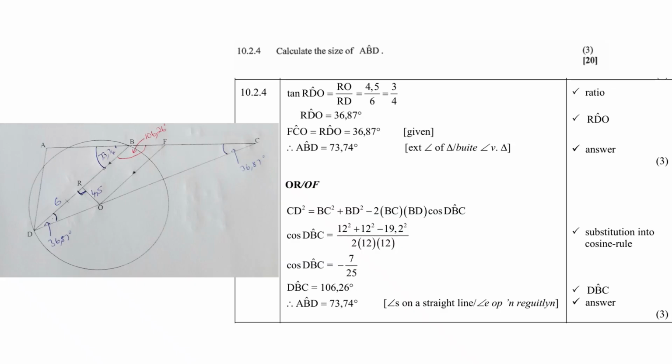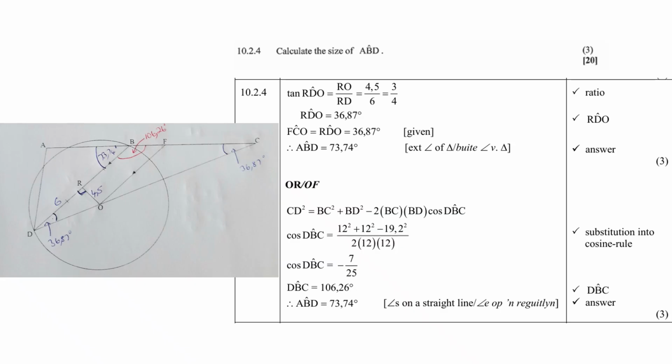Then on the calculator, shift tan of 3/4 will give you 36,87. Now, of course, angle FCO is equal to RDO from the previous questions, so it gives you 36,87. Therefore, angle ABD, which is the exterior angle of a triangle, is twice 36,87, which is 73,74.